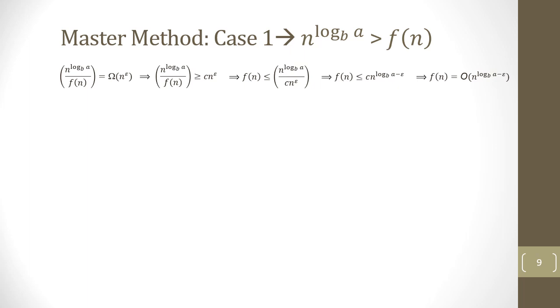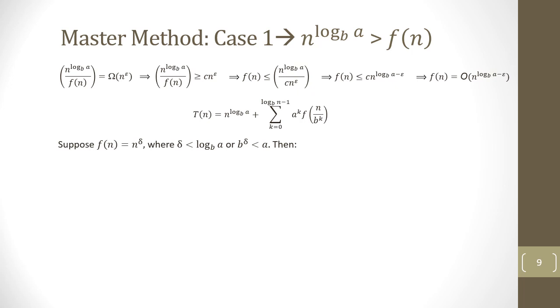Now coming back to the equation that we derived using the recursion tree method, let's prove case 1. Suppose f(n) is n to the power of delta, where delta is strictly less than log base b of a. For this condition to hold, b to the power of delta is less than a, then we will have the following equation.